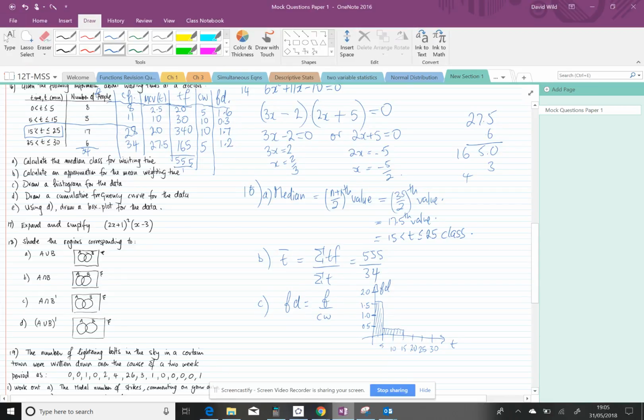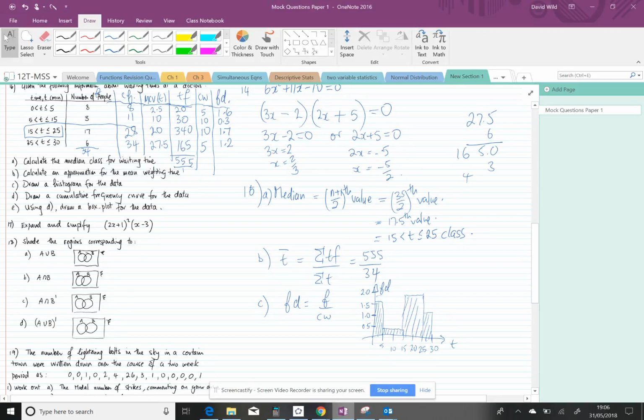Now 15 to 25 has a frequency density of 1.7, so 1.7 is up here. And finally 25 to 30 is 1.2, and it looks like that.